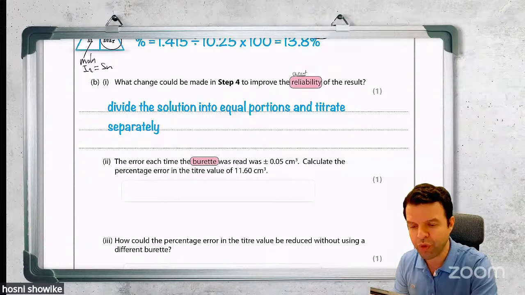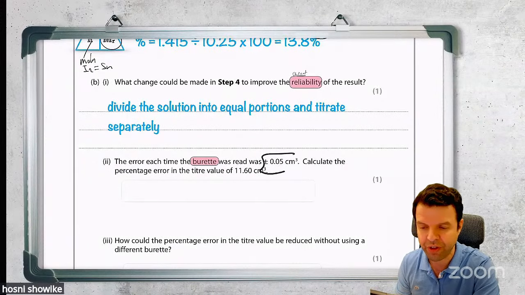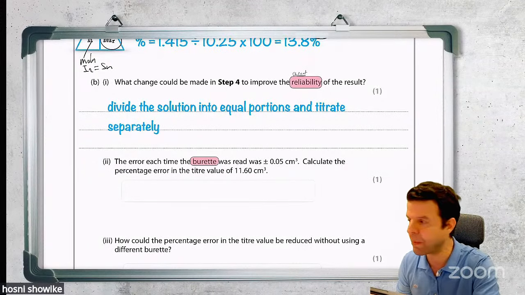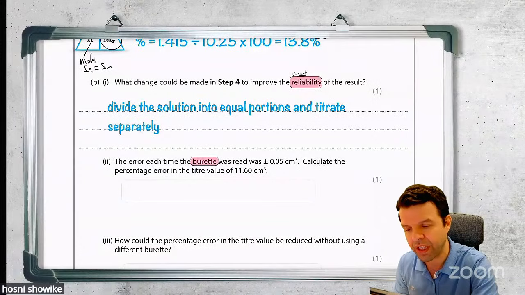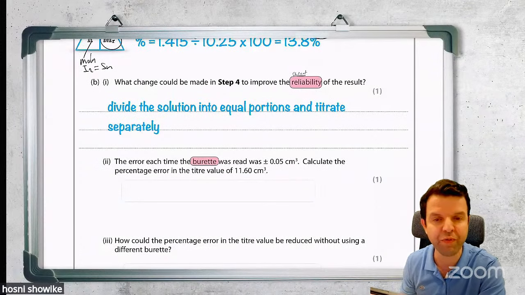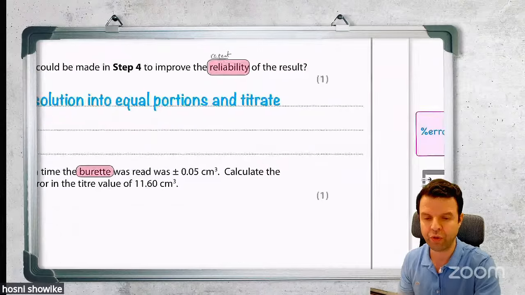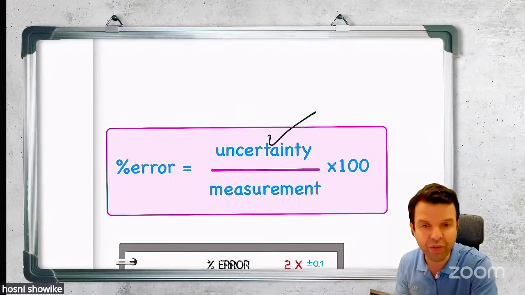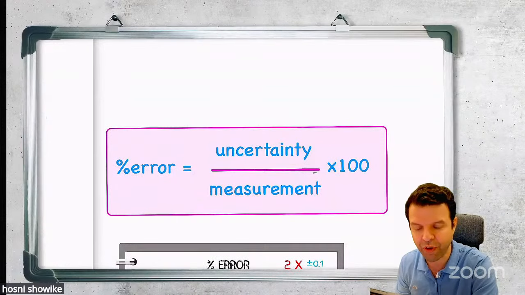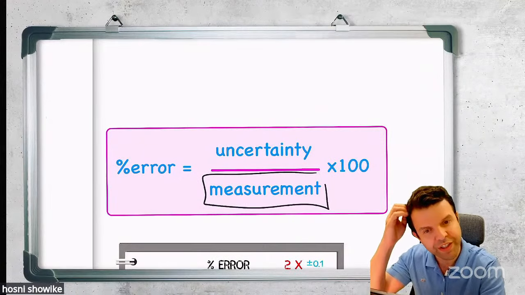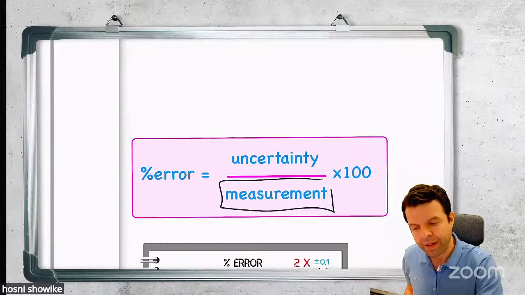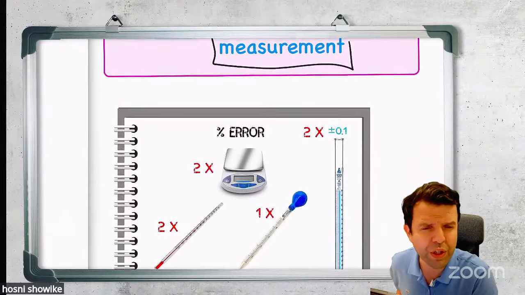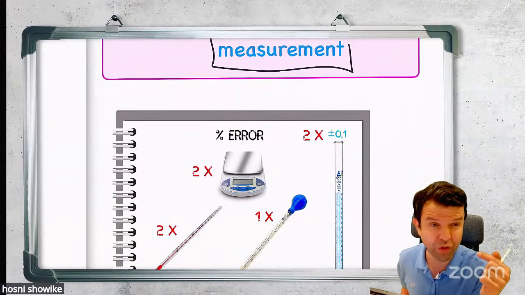Each time the burette was read, it gave me that much error. Calculate the percentage error if your measurement value is that much. So again, if you are to find percentage error, it is the uncertainty divided by the volume you're measuring. You just have to check with the tools because they said in the question, check.